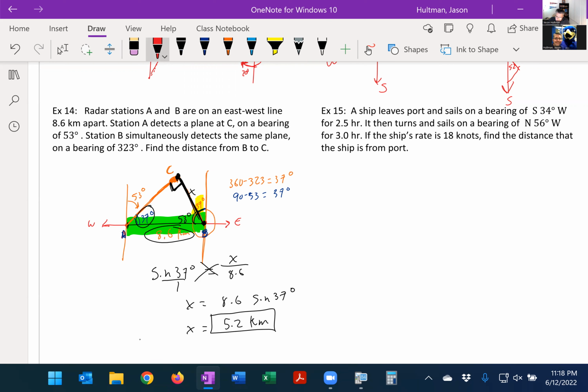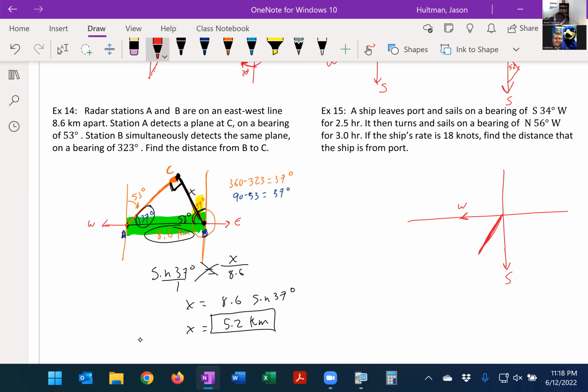Example 15 is a little bit more complicated. It says a ship leaves port and sails on a bearing of south 34 degrees west. So south is here, and west is over here.